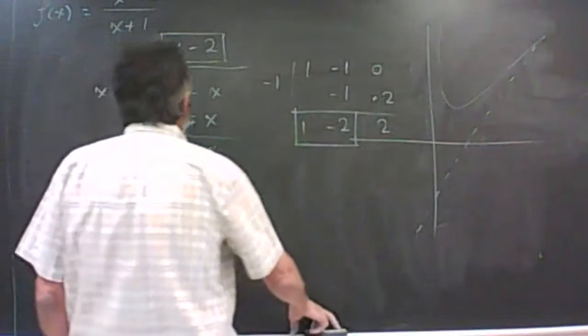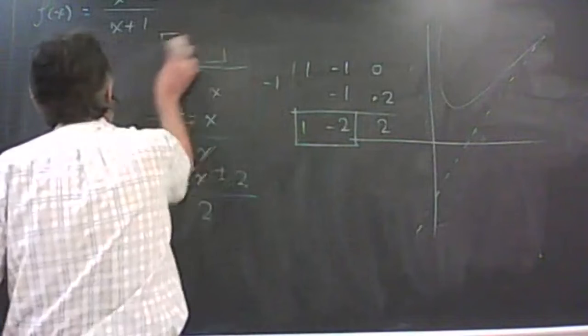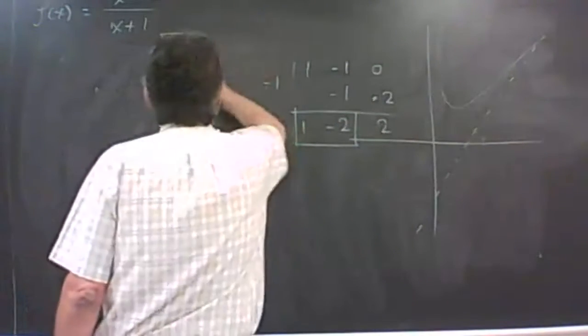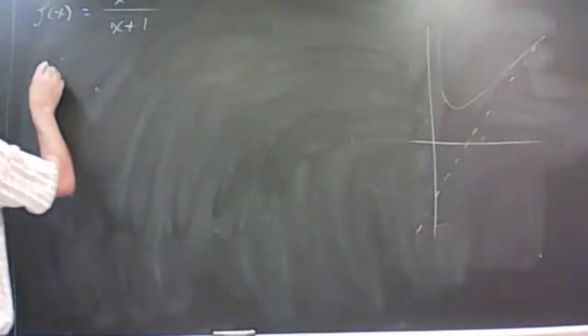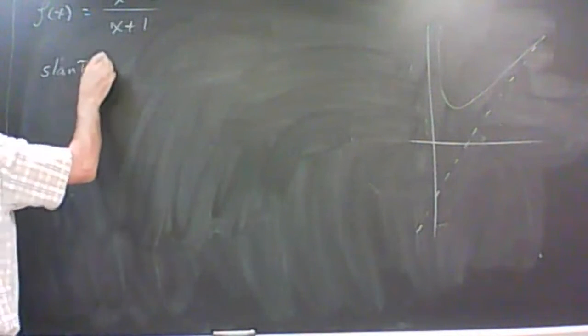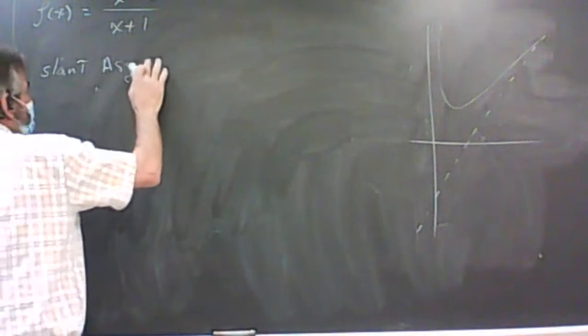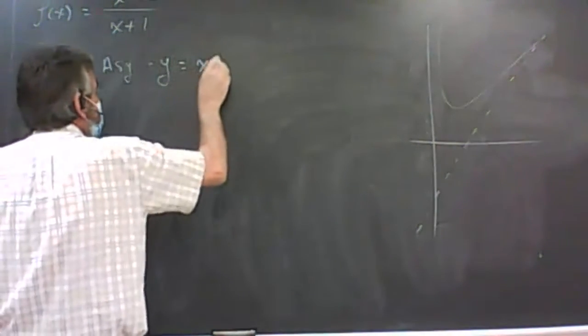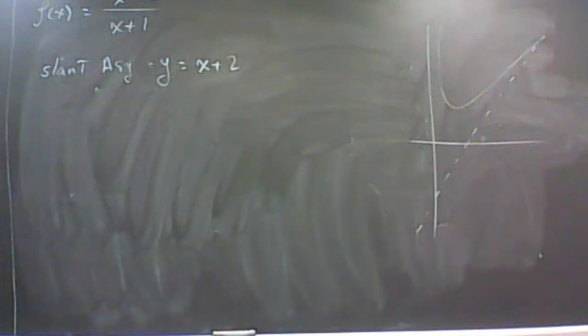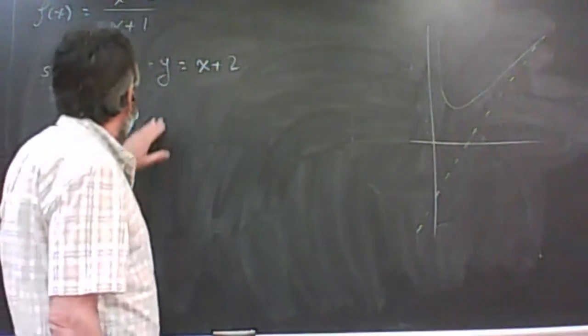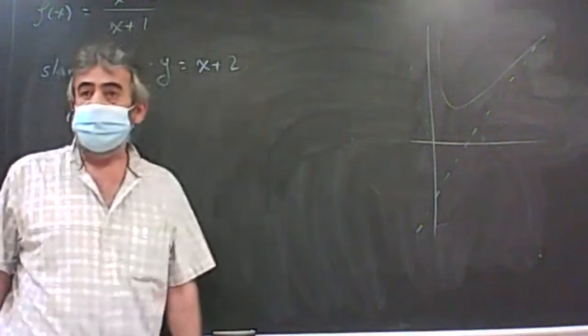Okay, so now we figure out what's the slant asymptote, y equals x plus 2.